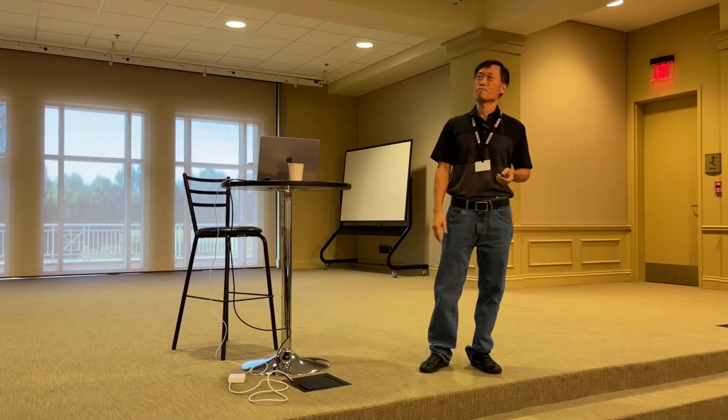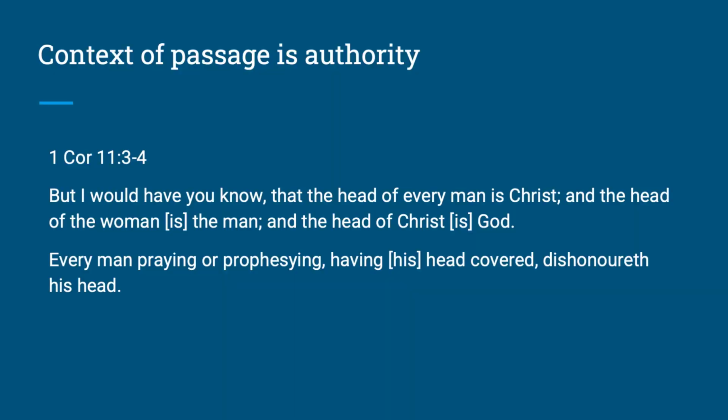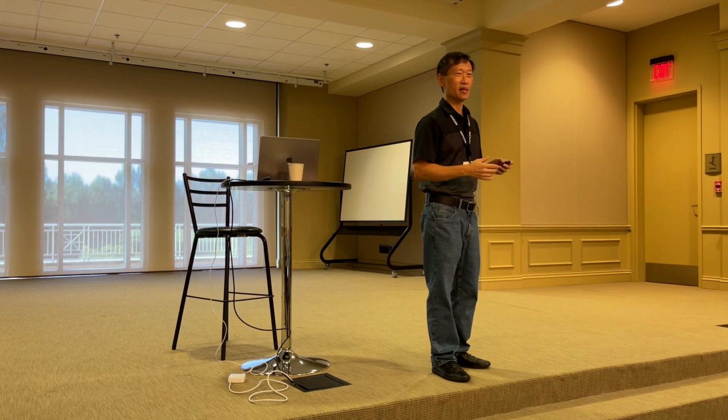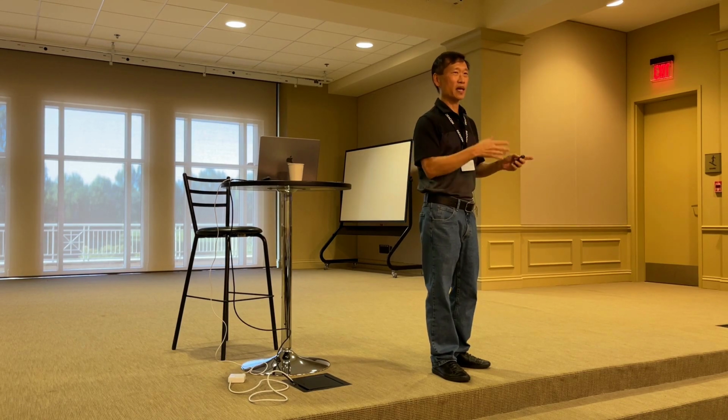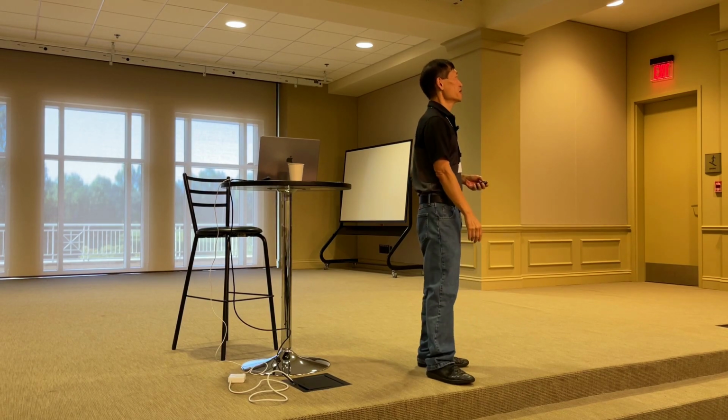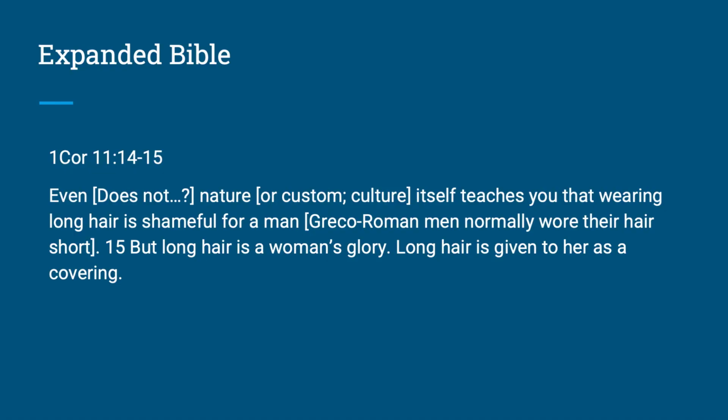But we also have to look at the context of the passage. The context of the passage is about authority. I don't think Paul was giving here a treatise on how long people's hair should be. He was just using that as an example to illustrate authority. And we see this in the Expanded Bible.